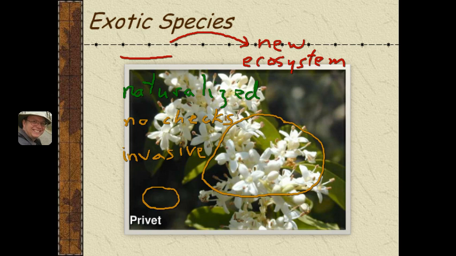Now, if you think that's being a little melodramatic, wow, we could lose this entire species in 30 years, and it was going to have a profound impact on our forests. Well, we know what we're talking about because it's not exactly the first time it's happened. One of the big examples of what can happen when an exotic species comes in is what happened to the American chestnut tree. The American chestnut tree used to be one of the most abundant species in the eastern forest, in the whole eastern United States.